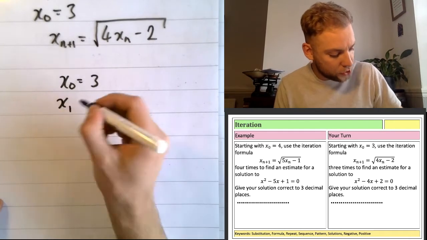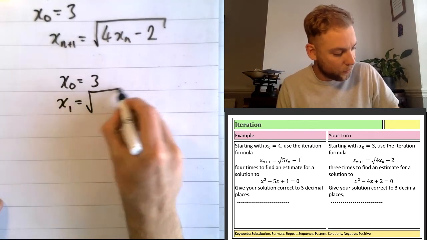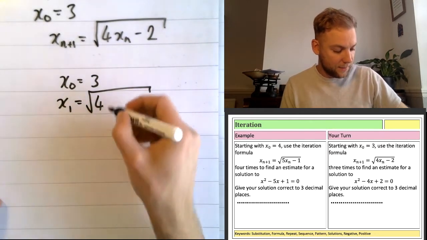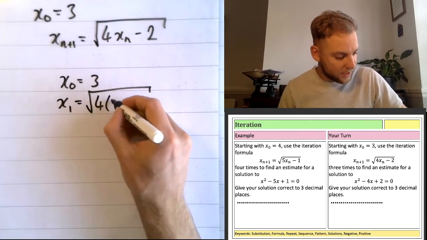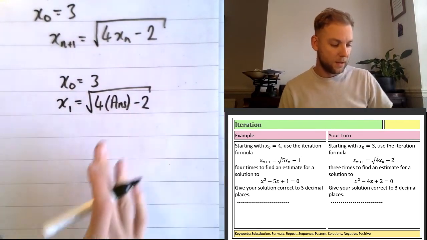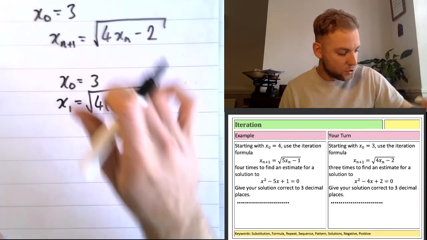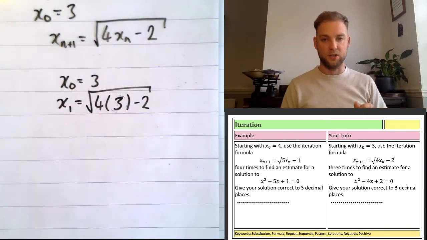Now I would probably show the examiner what you're doing here. So x of 1 is equal to 4 times, and you could put answer in there if you want, because that's what it's going to be, 4 times my previous answer minus 2. If you wanted to, you could show the examiner exactly what you're doing. So 4 times 3 minus 2.